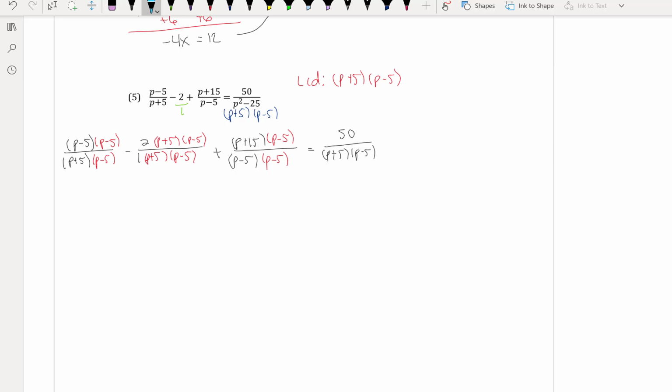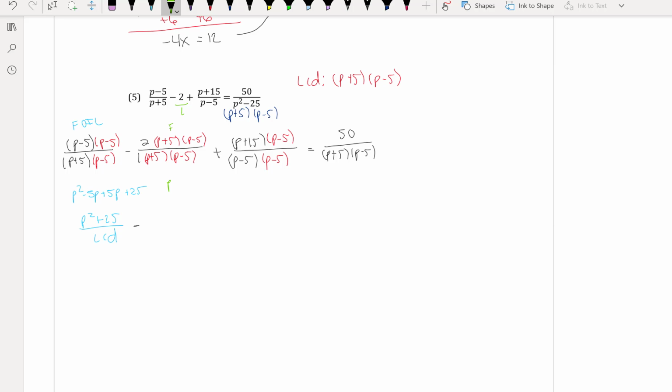So now what I'm going to do is I'm going to FOIL this numerator. So I'm going to have a p squared minus 5p plus 5p plus 25. That gives me p squared plus 25 all over my LCD. Then I have minus, and over on this one, I have my p squared.